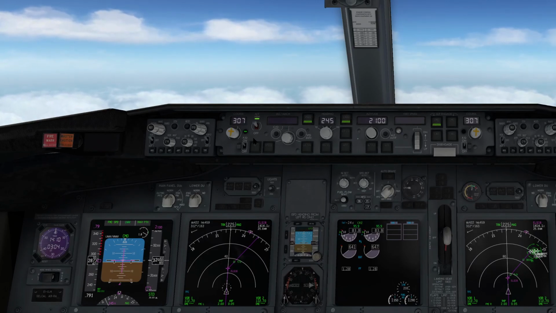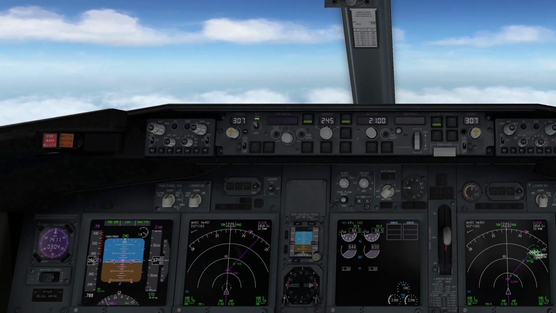So in theory, if it is a high range VOR, we should get the signal till probably 200 nautical miles. So this is a feature of X-Plane. It's not showing that VOR at 125 miles.